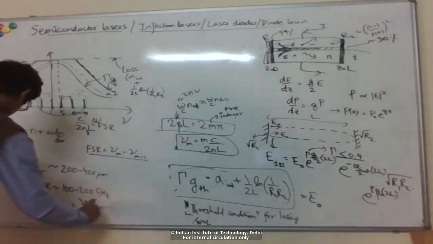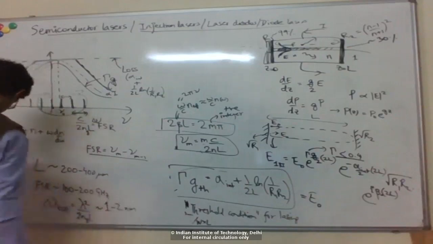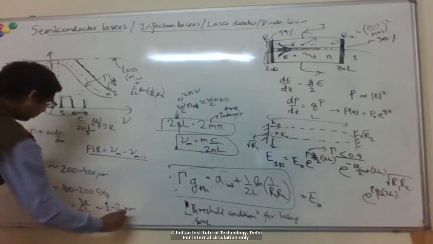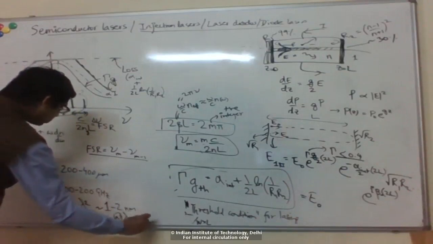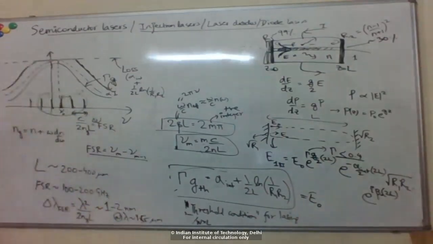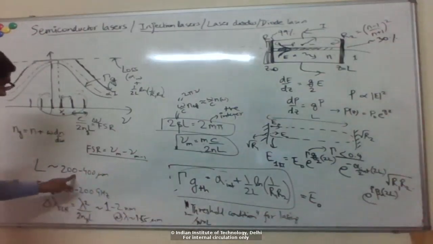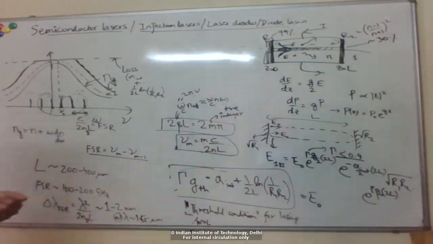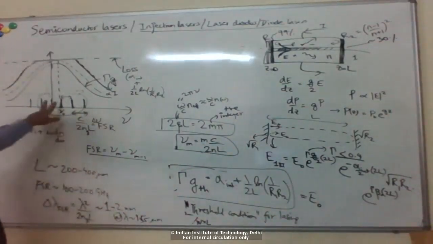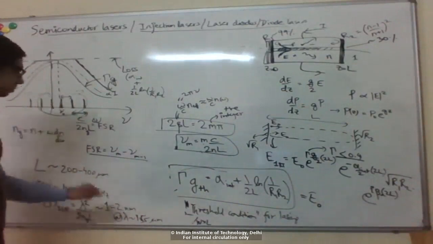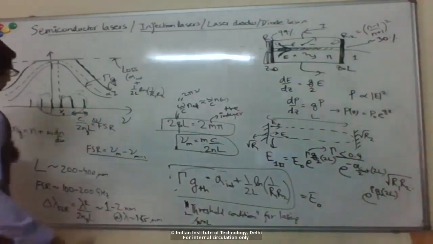This comes out to be about 1 or 2 nanometers. Let's say I take the wavelength around 1.5 micron. If I put lambda equal to 1.55 microns for these length values, with Ng again 3.4 or 3.5, this FSR comes out to be about 1 or 2 nanometers. So that's roughly the scale we are talking about.